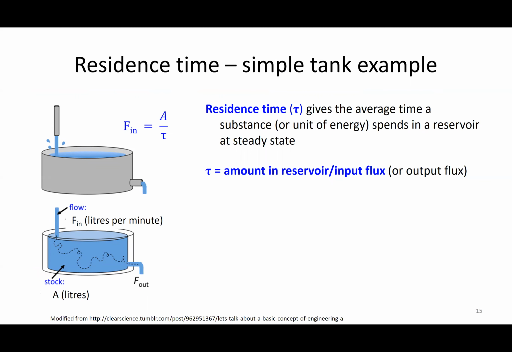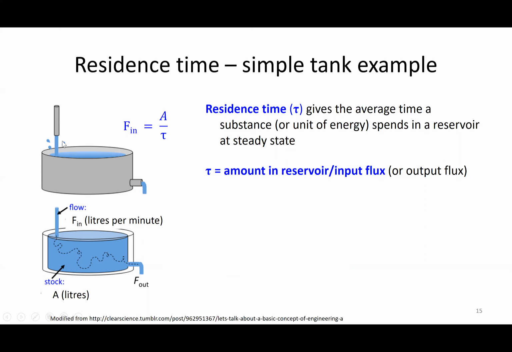Let's use a simple tank example to explore residence time a little further. As I said in the previous slide, residence time, tau, gives the average time a substance spends in a reservoir at steady state. On our left here, we have a tank, which has a pipe with water flowing into it and a pipe with water flowing out.